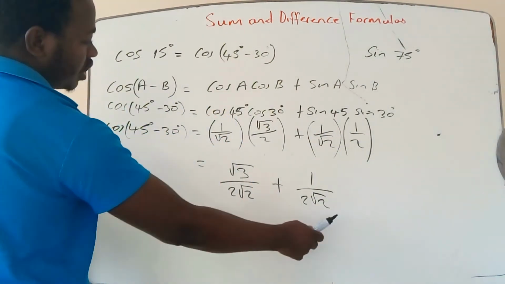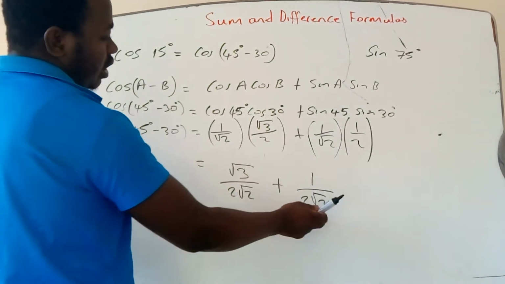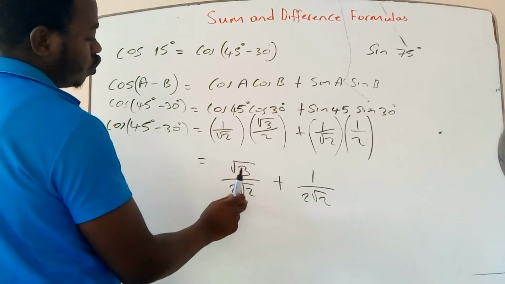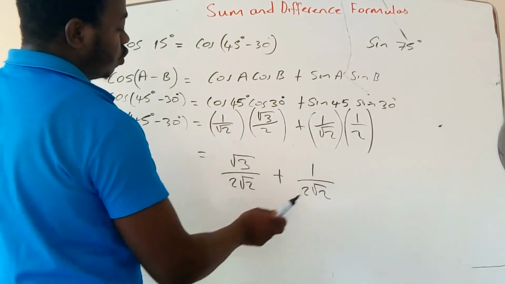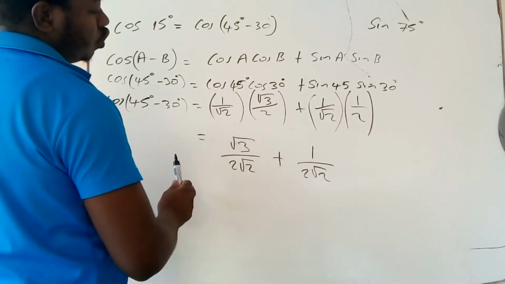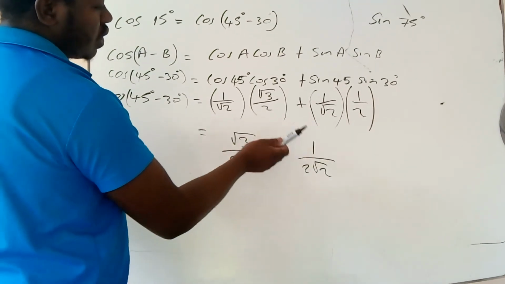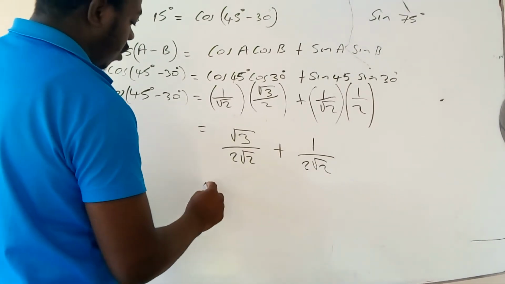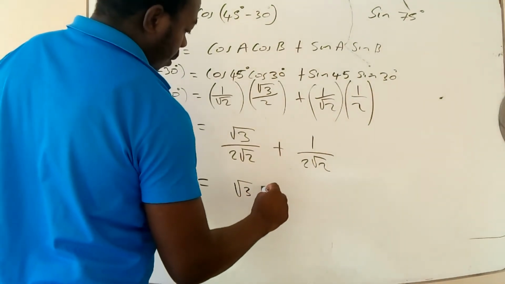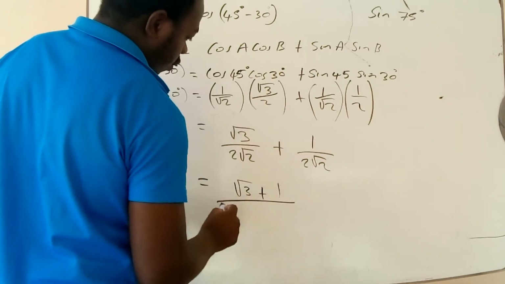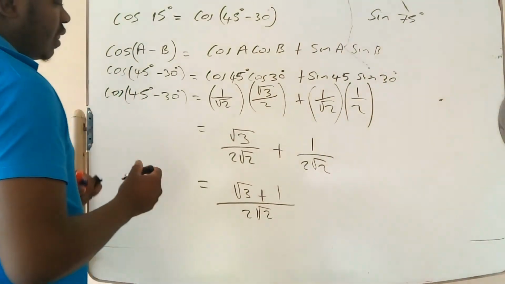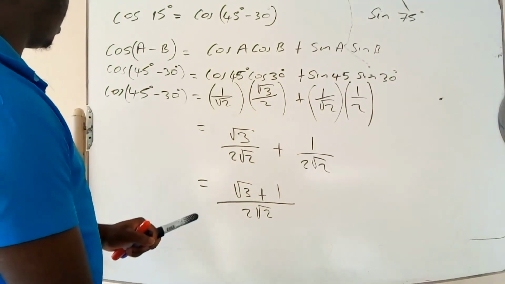This is a fraction, and the denominators are the same, despite how it looks. The denominator here is 2 root 2, and here it is 2 root 2, which means these two fractions are from the same family. So we can just combine the top. Our final answer is root 3 plus 1 all over 2 root 2. And that is our answer there.